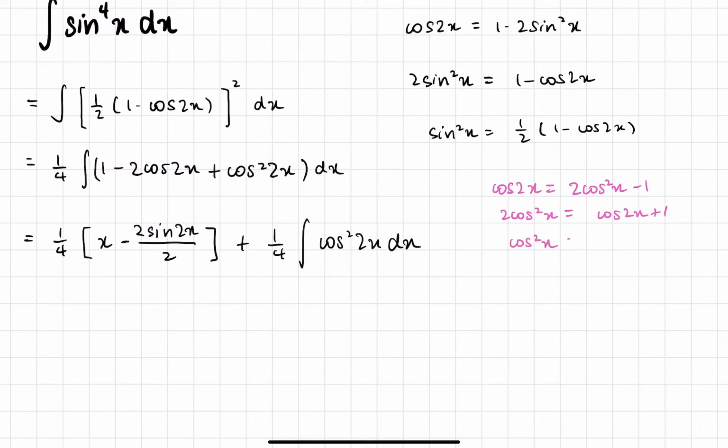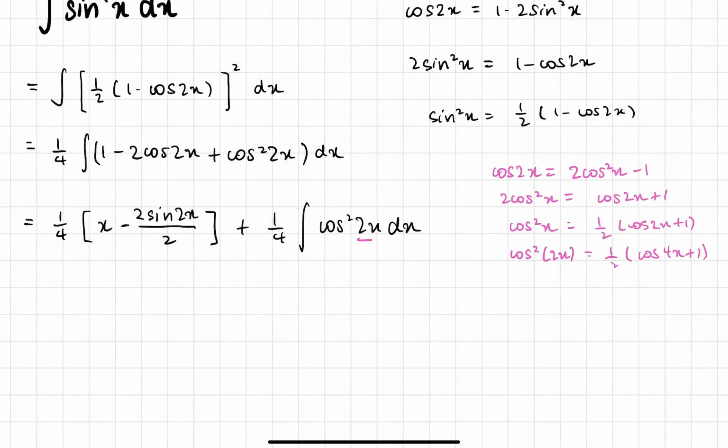So cos squared x equals half cos 2x plus 1, like that. Also, let's just write this one more time and replace x with a 2x, since we've got a 2x here, which means this is 4x.